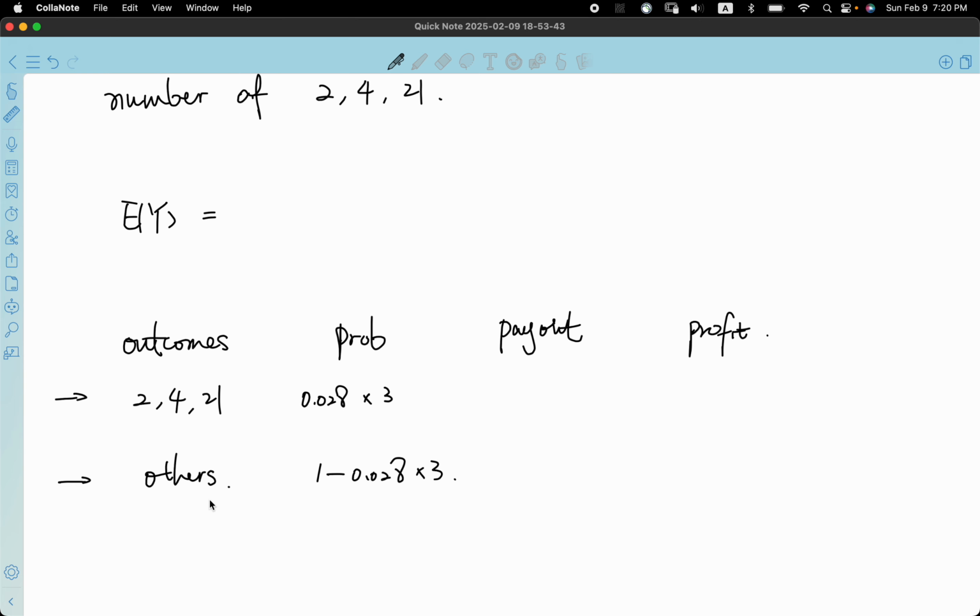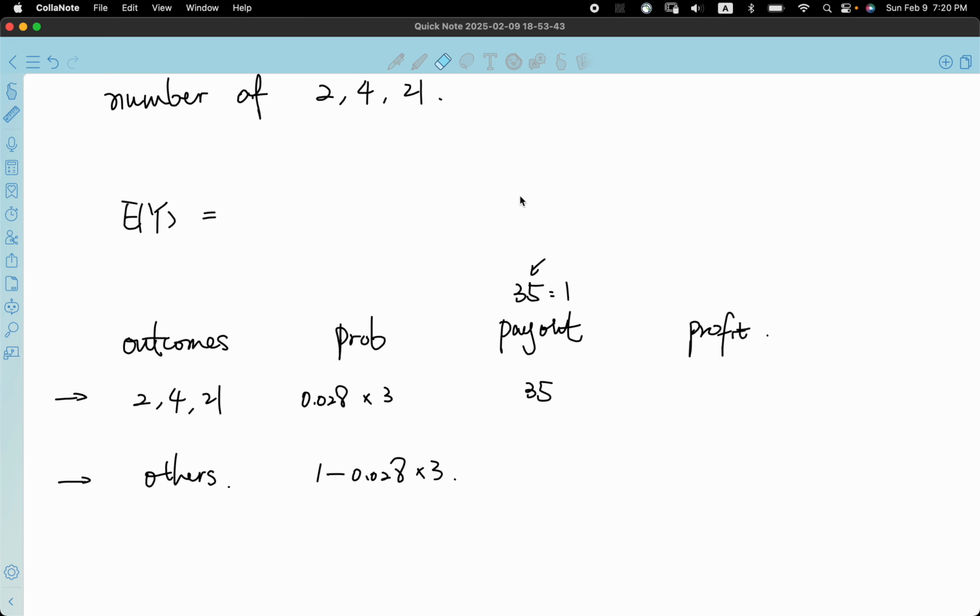Okay. And for the straight up bet, the odds ratio is 35 to 1. That means if the ball lands on one of the three numbers, then we will get the $35, because we place $1 for each of the three numbers, and if the ball lands on one of the numbers, that means we win, and we get the 35 based on this ratio.